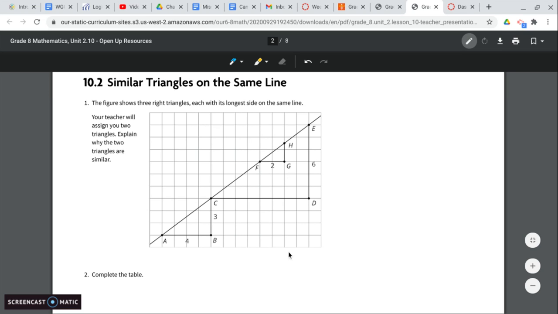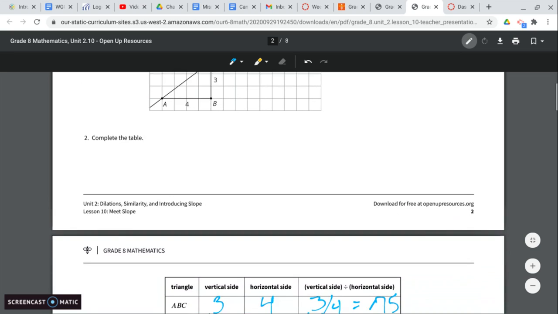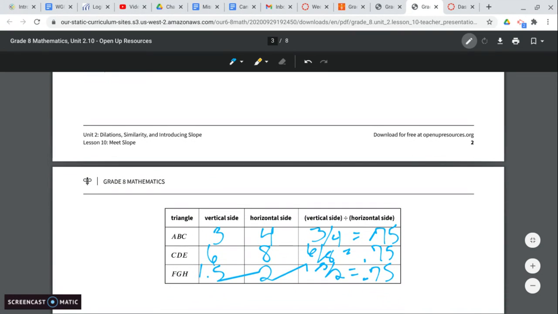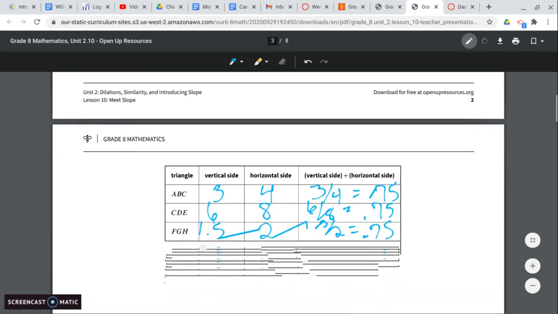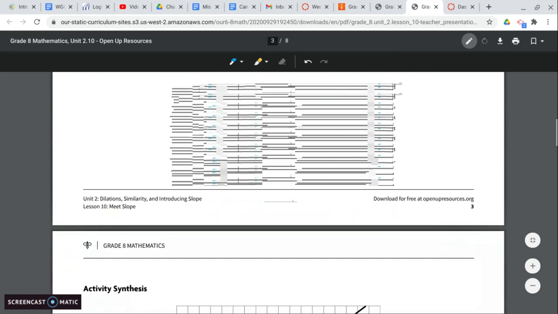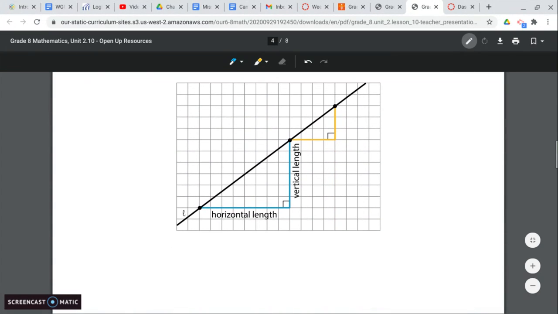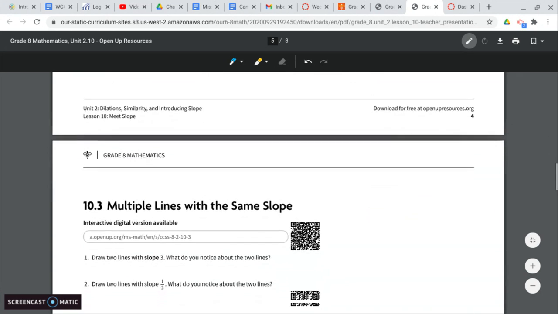And it also gives us our slope. The slope is taking the vertical length and dividing it by the horizontal length. So the slope of that line is 3/4 or 0.75. Our horizontal and vertical lengths, we use those to find slope.